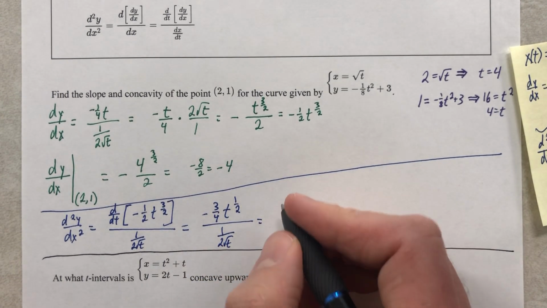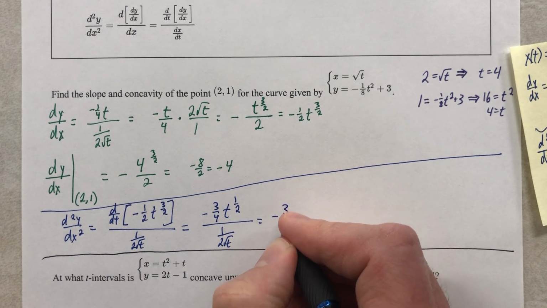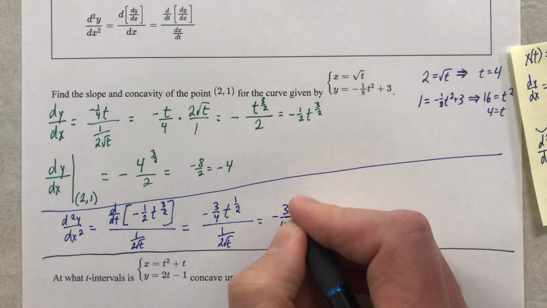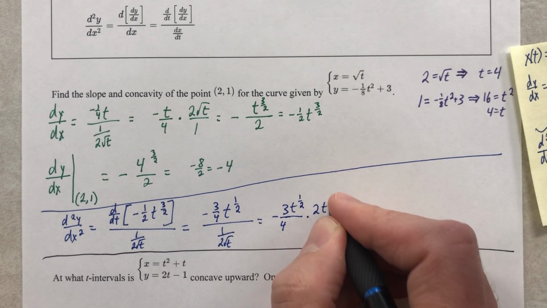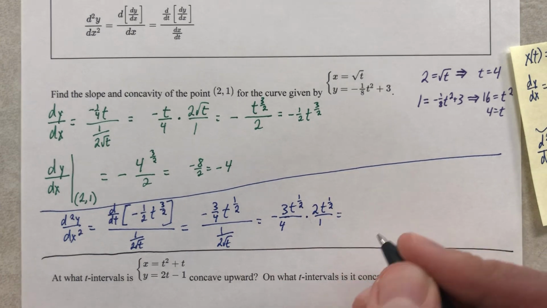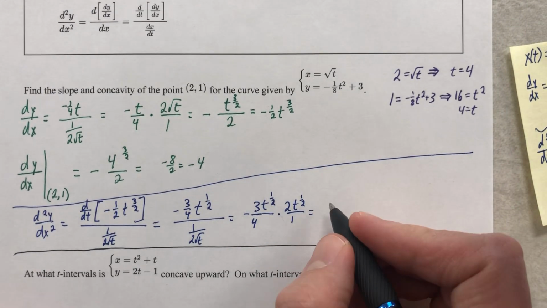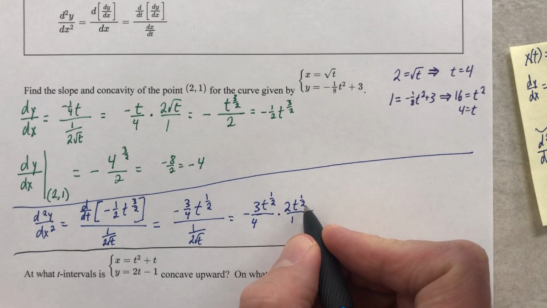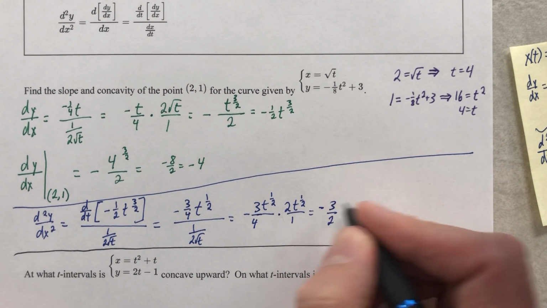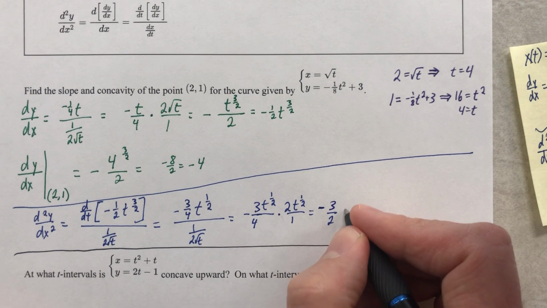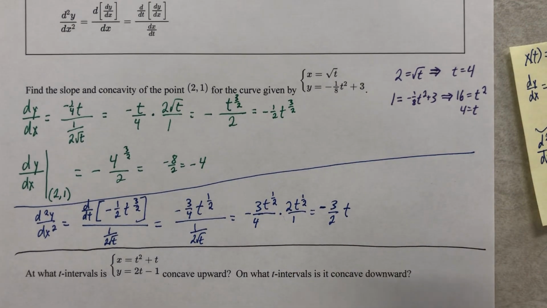So we have -3/4 t to the 1/2, and we're going to multiply it by 2 over t to the 1/2. Then that gives us t to the first in the numerator, 6/4, so that's 3/2. It is negative indeed, and that is -3/2 t.